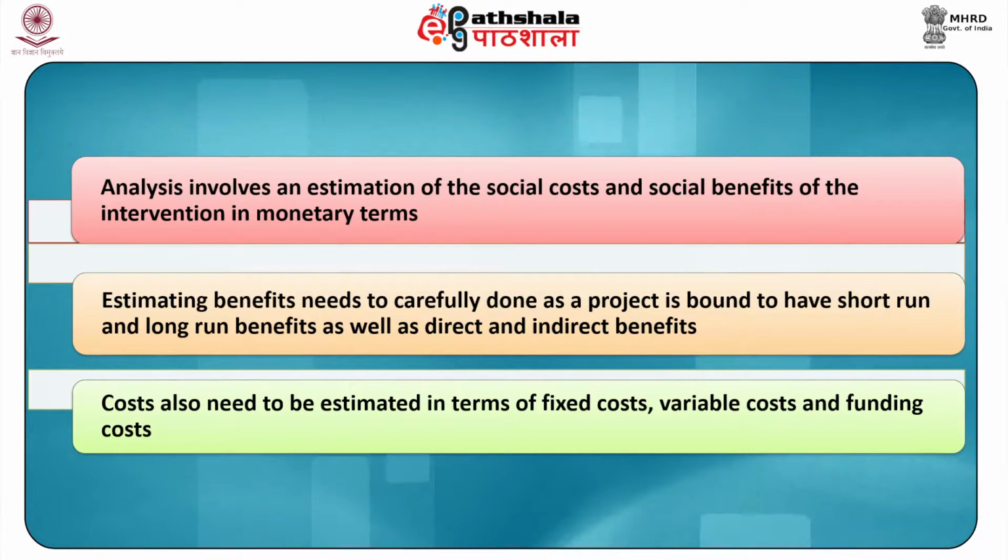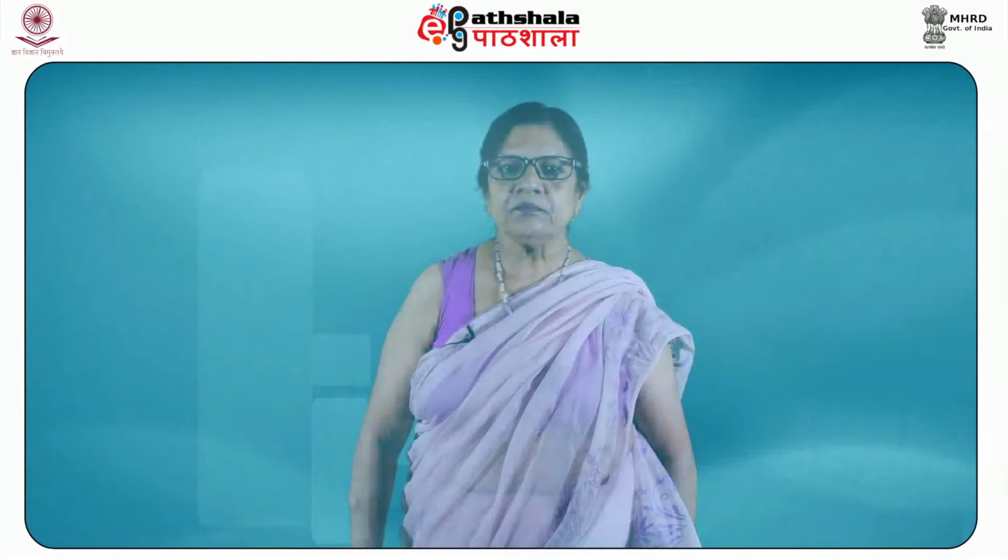Estimating benefits needs to be carefully done, as a project is bound to have short run and long run benefits as well as direct and indirect benefits. Similarly, while identifying beneficiaries, there are direct and indirect beneficiaries. Though very long term benefits may not be measurable, it is worth considering intermediate milestones.